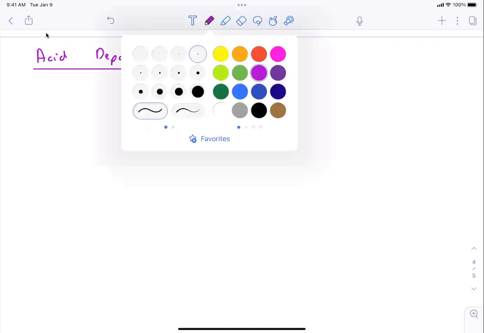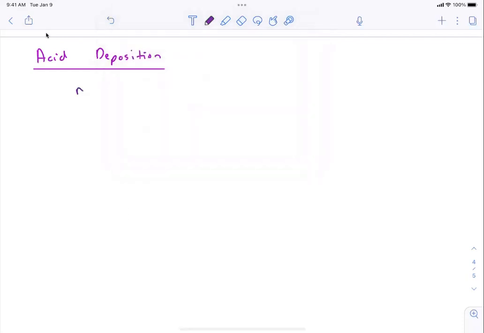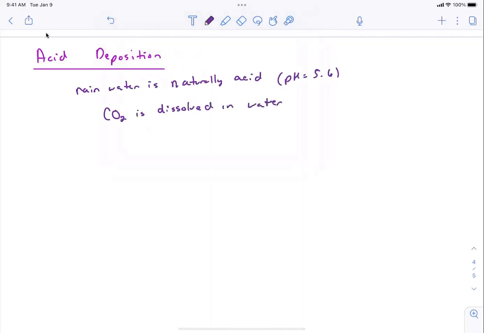And so just to review, okay, rainwater is naturally acidic, pH of 5.6, because CO2 is dissolved in it. So it's not that rainwater is neutral and then it becomes acidic and that's dangerous.